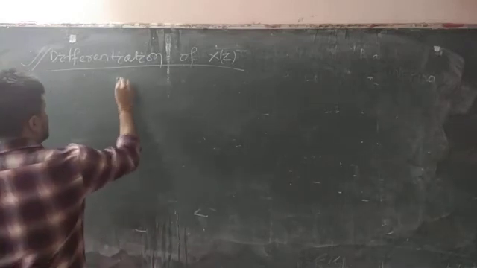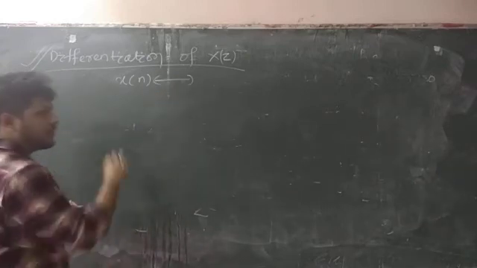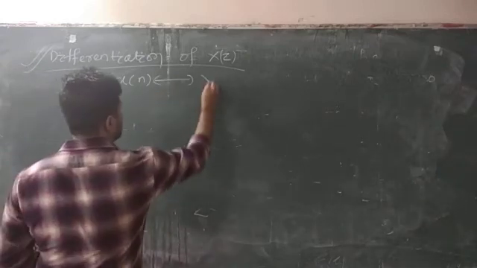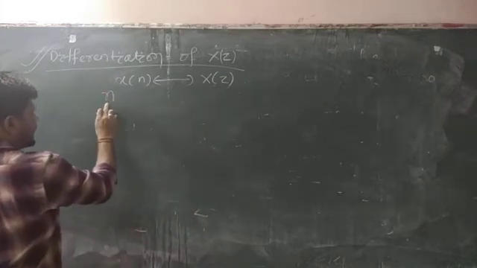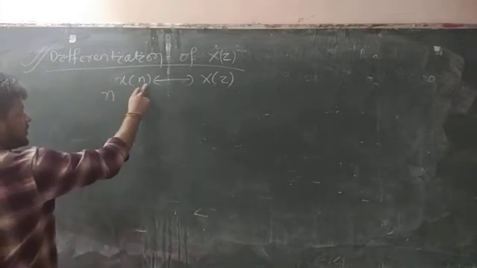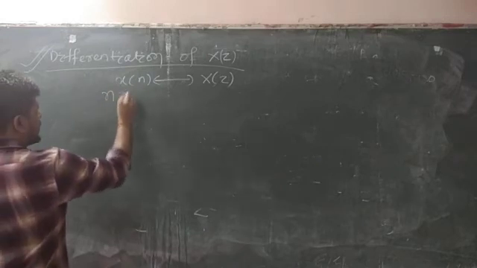So let us first find, if x of n is given, the signal x of n in the time domain, and the Z transform is X of z, then if you multiply with the time, which in discrete time is denoted as n, so n is multiplied.